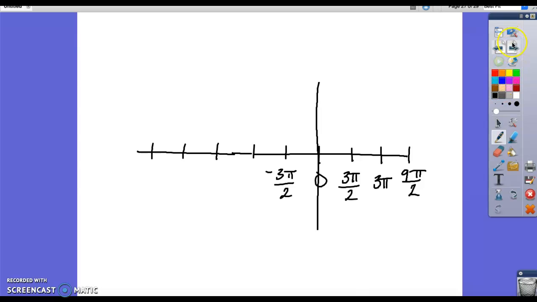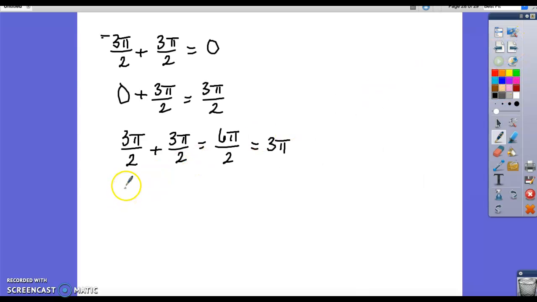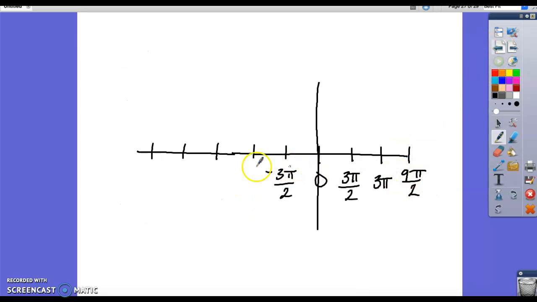Just to double check my math here, I'm going to take 3 pi over 2, which I can write as 6 pi over 2, and add 3 pi over 2, and I get 9 pi over 2, which is what I should get. Now I'm going the other way, right?